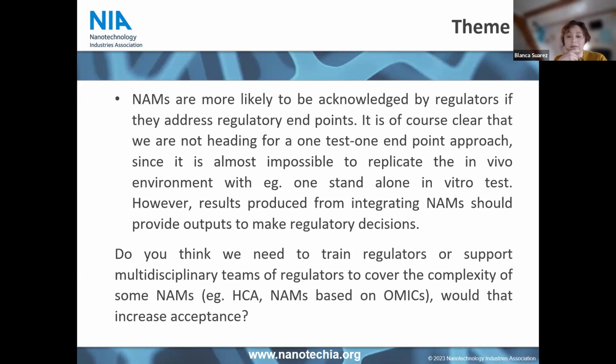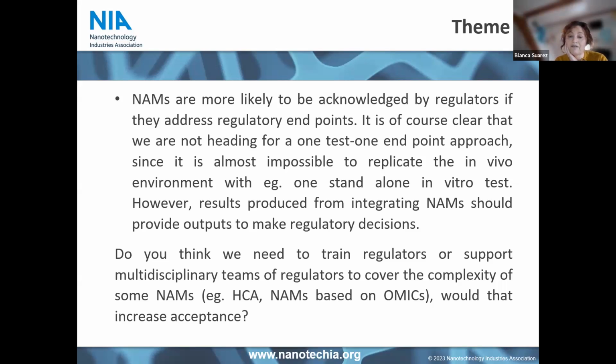This was based on what we have seen today. We see how complicated NAMs may be turning into, some of them with high content analysis and artificial intelligence, and when one wants to speak to regulators about this, they probably are not experts on all this. Thinking about traditional toxicology, maybe they relate to dose response points rather than these complex outputs. Our regulator, Andrea, unfortunately is sick, so she cannot join us today.